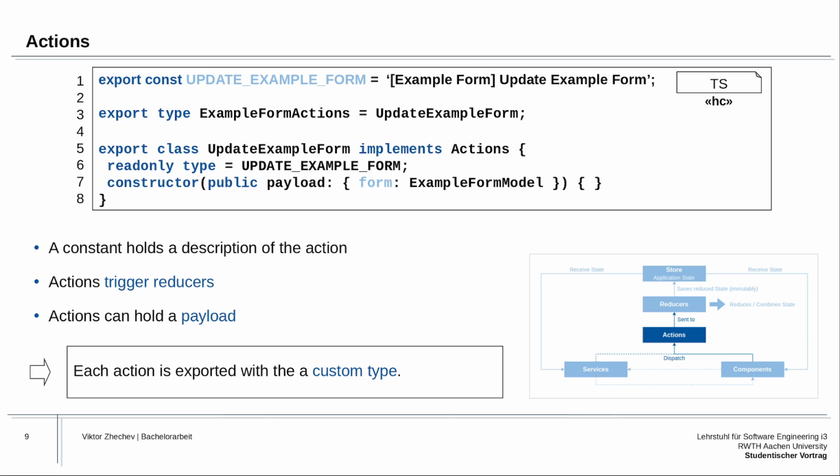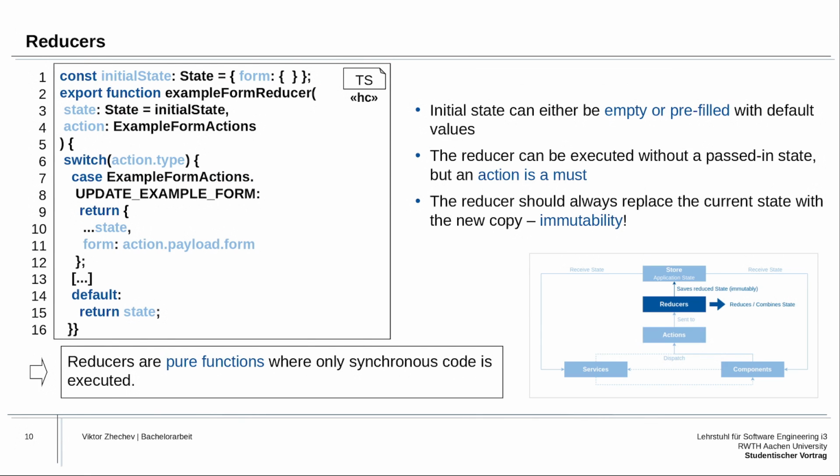Now let us take a closer look at what the Redux construct is. We begin by looking at the actions. An action is simply a string of characters that holds a description of the action itself. The action triggers a reducer function, and it can also carry a payload of data that it can deliver to the reducer. Then in the reducer we have our initial state for the component. It can be empty or already pre-filled with some default values.